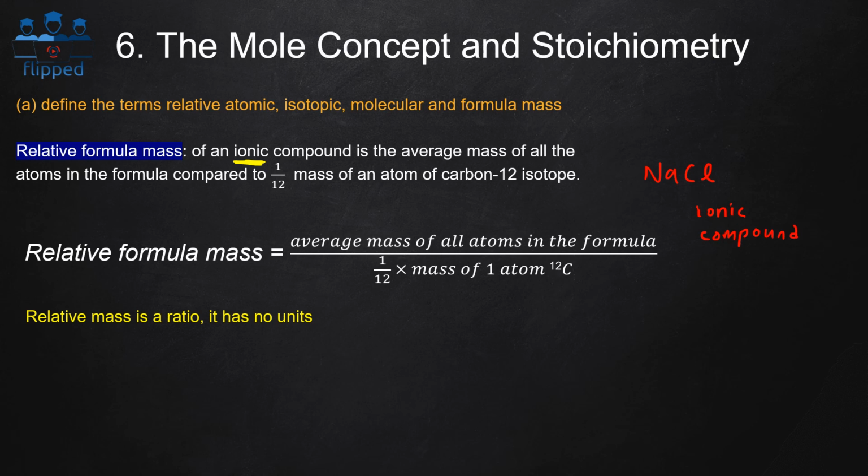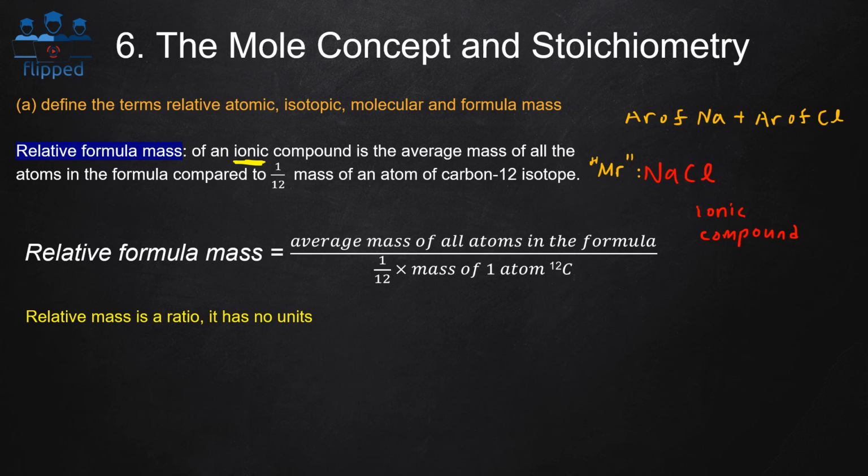But this formula works exactly the same way as the molecular mass formula. I will get the AR of Na to add on to the AR of Cl. And this will give me the MR of NaCl, in quotation marks, which is the relative formula mass of NaCl.